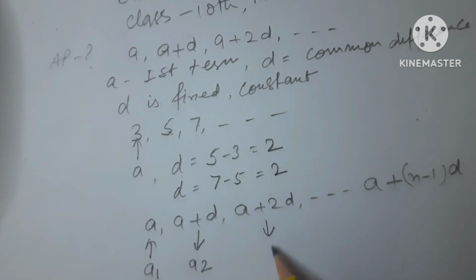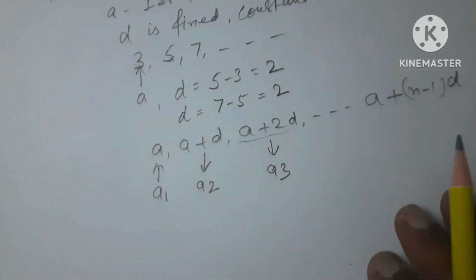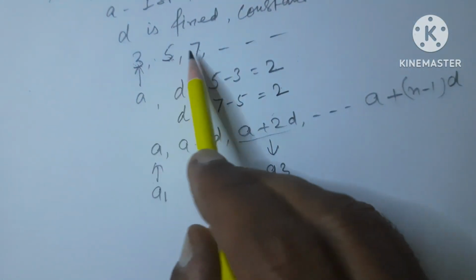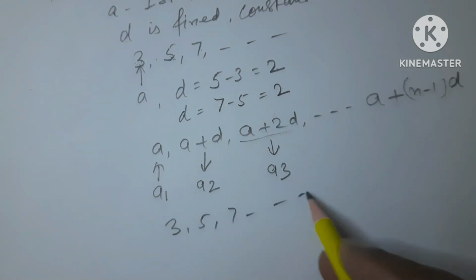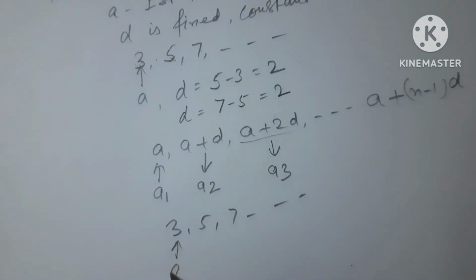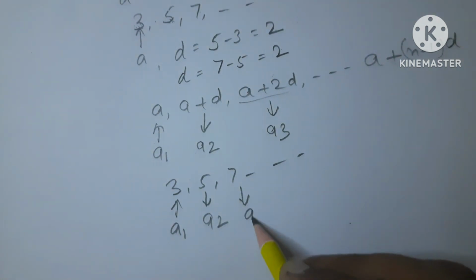This is your third term, which is called a3. a3 means the value of this. The example we have taken is 3, 5, 7 and so on. So this will become your a, or a1, one and the same thing. This will become your a2, and this will become your a3.